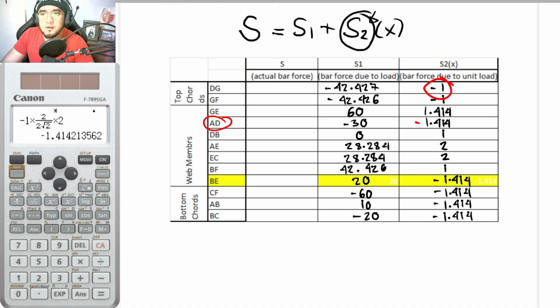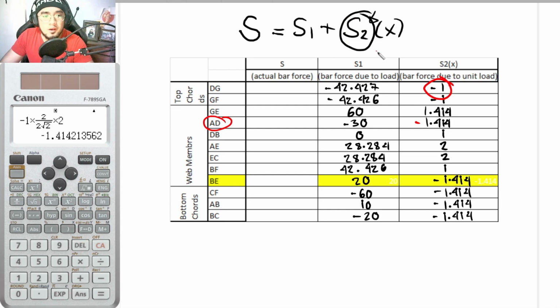We can refer to this value of X as a factor. Once again, S2 is only an assumption of a unit load, and this X will take into consideration the actual bar force, so the value of X will scale the value of S2 in order for it to be accurate.